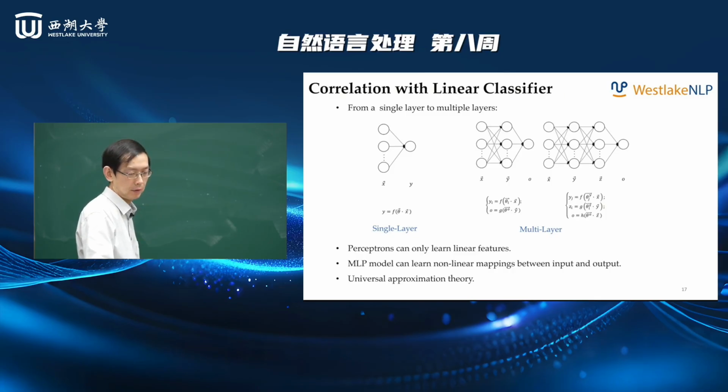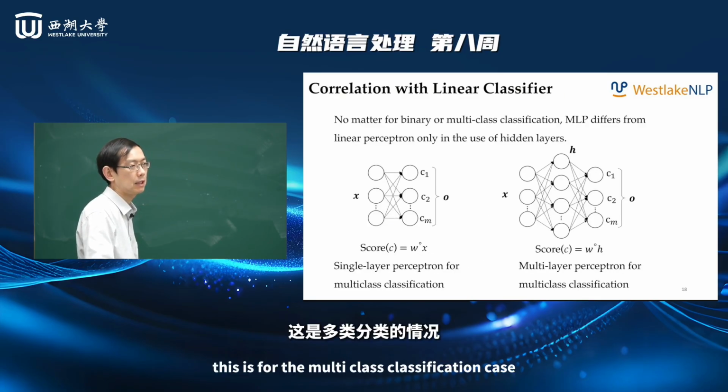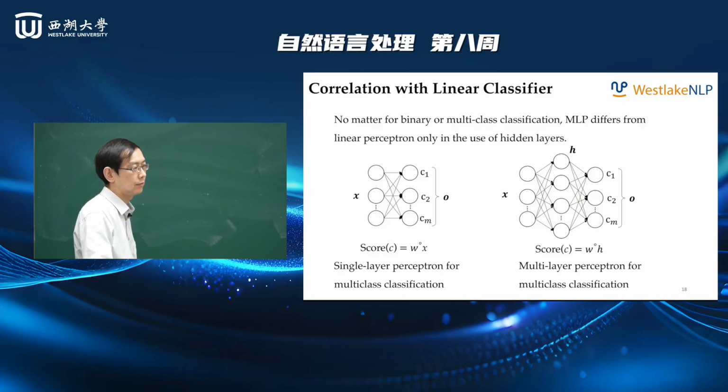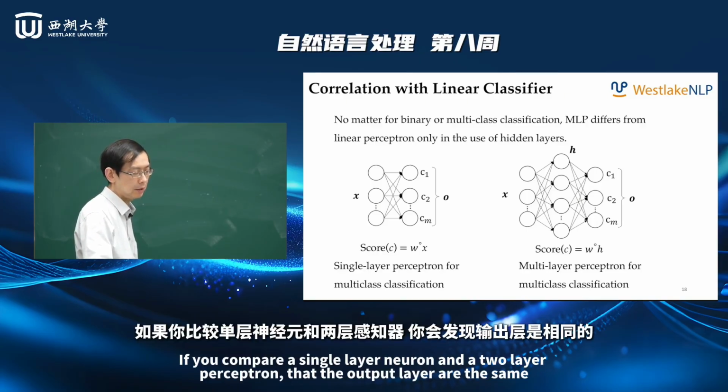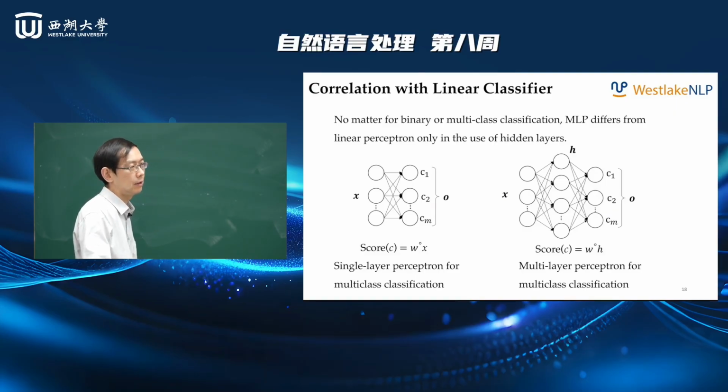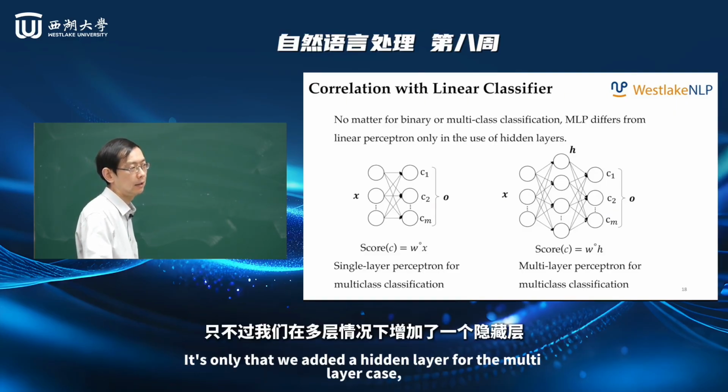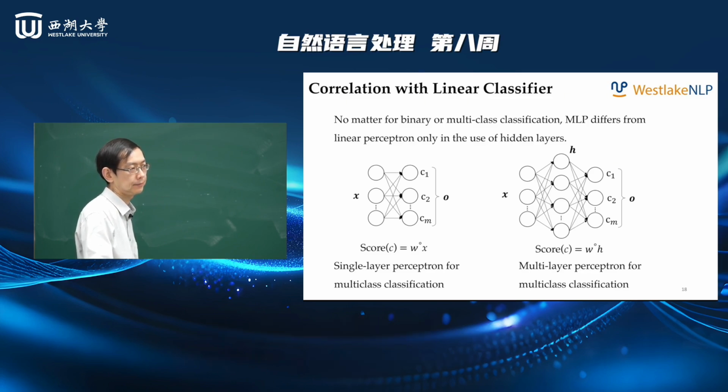Okay? So this is for the multi-class classification case. If you compare a single layer neuron and a 2-layer perceptron, you will see that the output layers are the same. It's only that we added a hidden layer for the multi-layer case. All right?